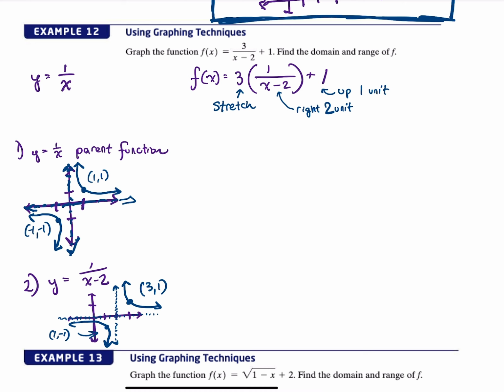All right, let's jump up here. So now let's throw in the vertical stretch. We're going to take what we just had and multiply all the outputs by 3. So on that same graph, all the y coordinates will be multiplied by 3. So we'll still have that asymptote at x equals 2.